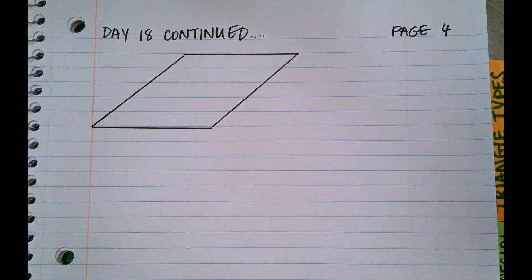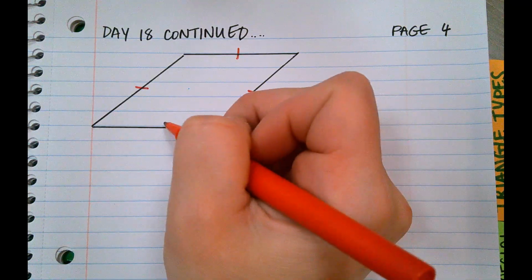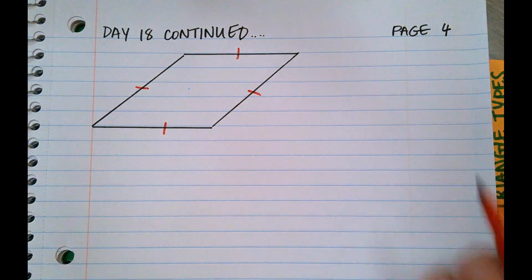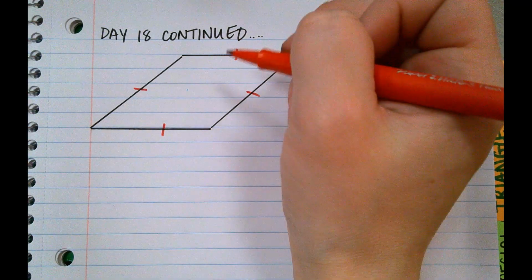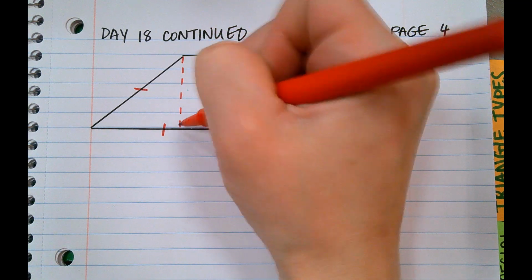Okay, so we know a rhombus has 4 sides. What do we know about all 4 sides of a rhombus? They're equal. All the same size. I'm going to also tell you that the rhombus will have a height.